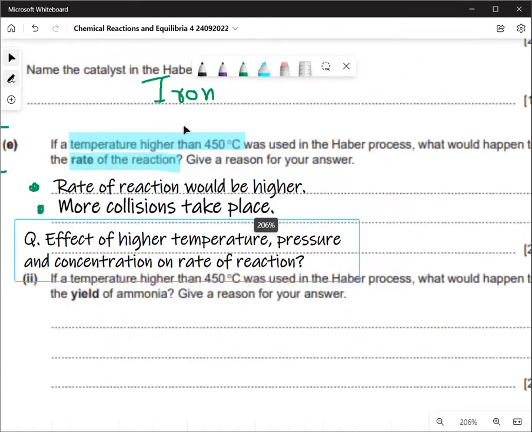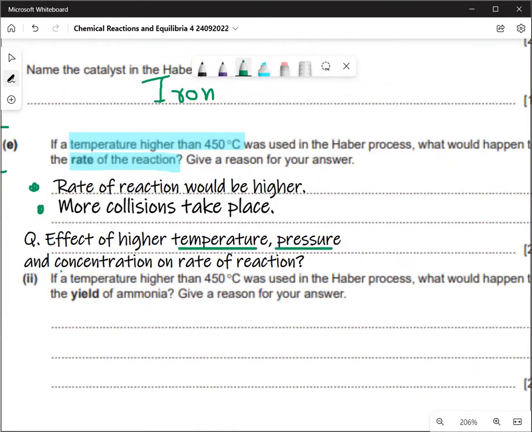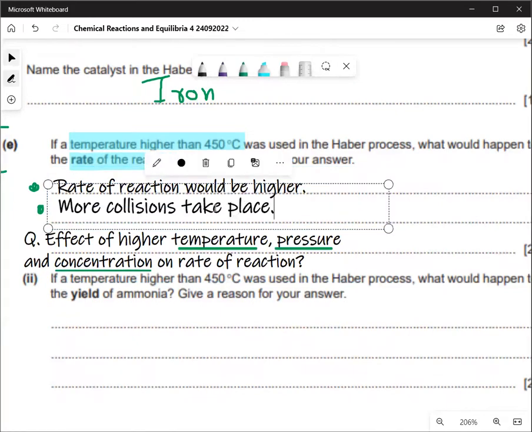All three of these, if you increase temperature, higher pressure, or higher concentration, all of these have the same thing. Rate of reaction would be higher or would increase because more collisions take place, right? Yeah, more collisions take place.